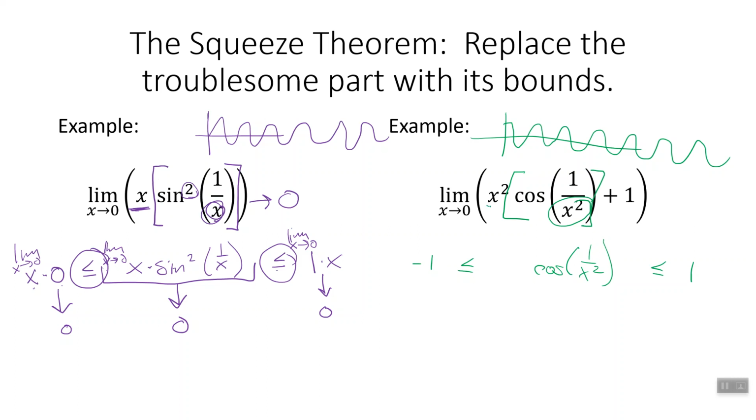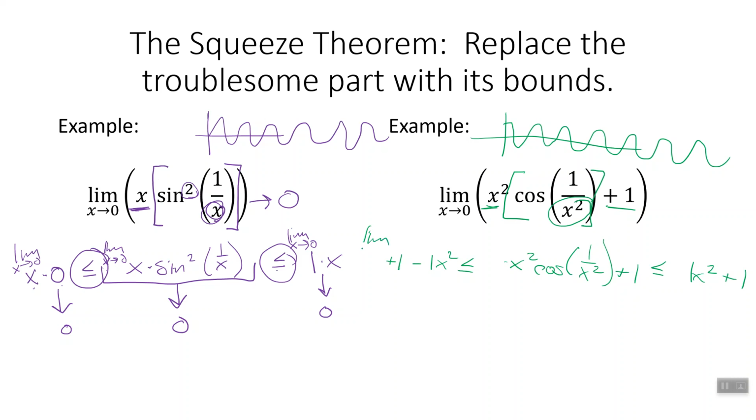Next, we multiply in this x squared everywhere: times x squared, times x squared, times x squared. Then we've got this plus 1 we want to add everywhere: plus 1, plus 1, plus 1. This was a positive 1 in front, so that is plus 1 still. Then we take the limit at each part.